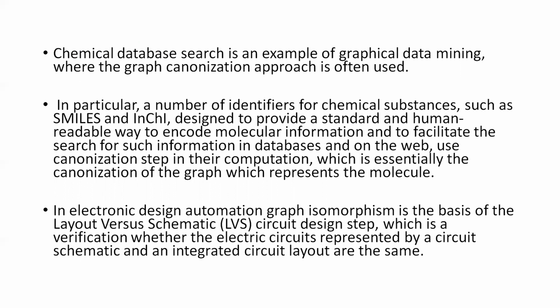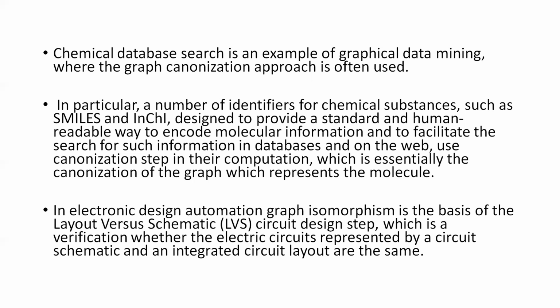In particular, a number of identifiers for chemical substances, such as SMILES and InChI, are designed to provide a standard and human readable way to encode molecular information and to facilitate the search for such information in databases and on the web. They use a canonization step in their computation, which is essentially the canonization of the graph which represents the molecule.